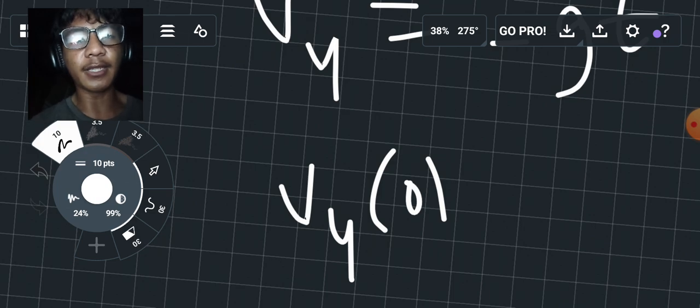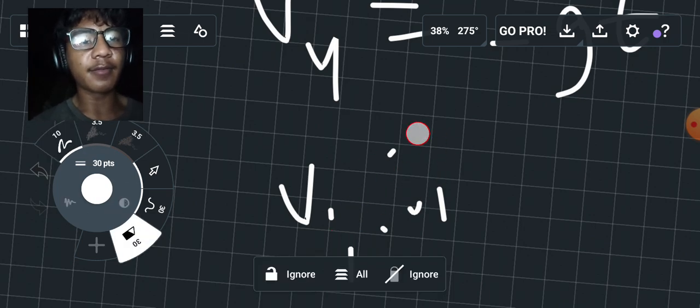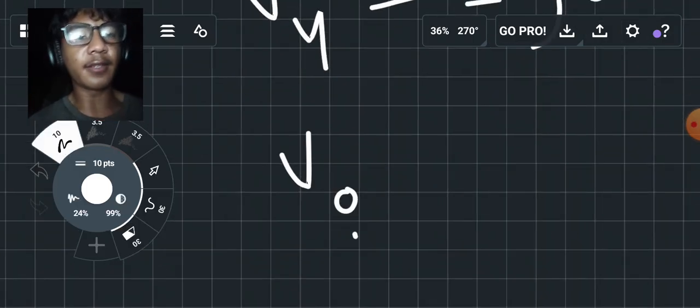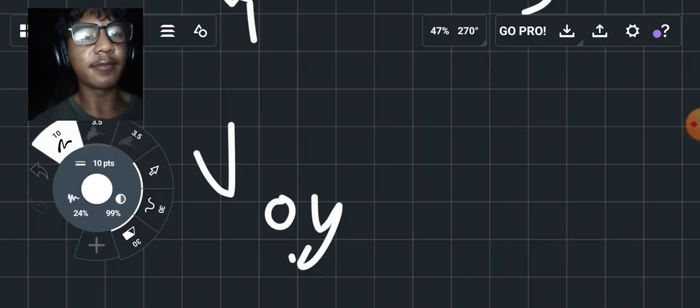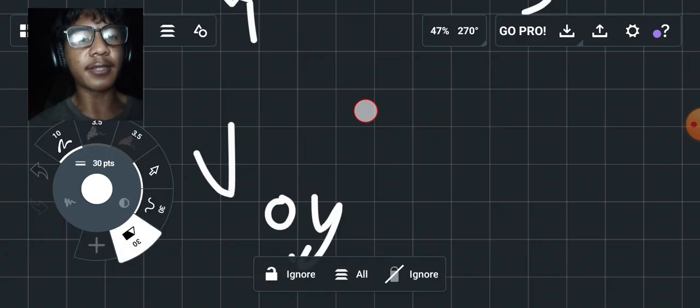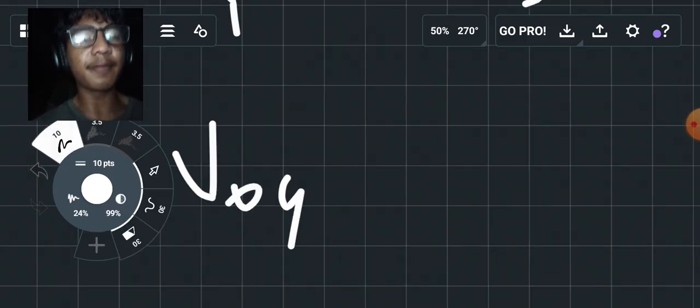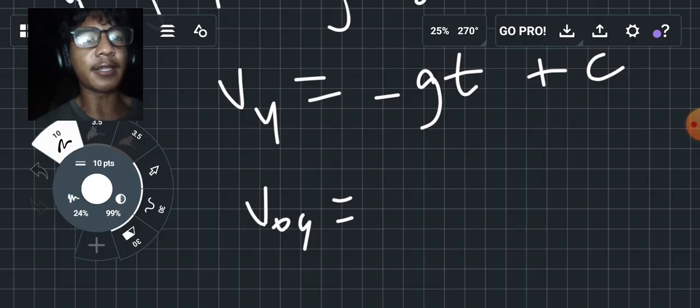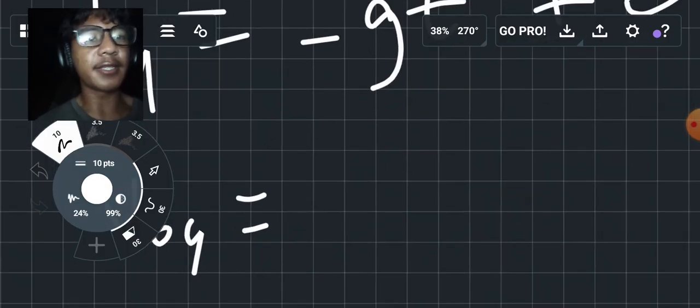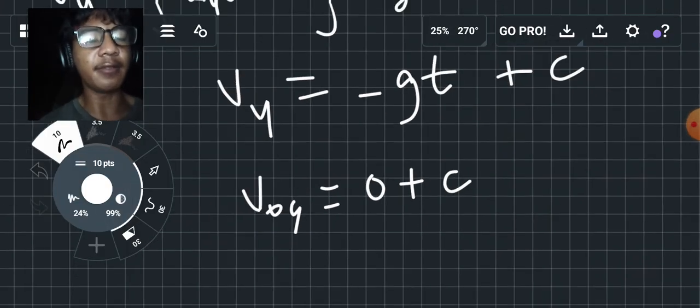It's ugly right there. V naught y is just 0 plus c.